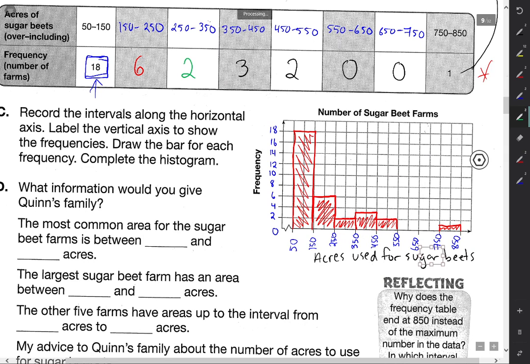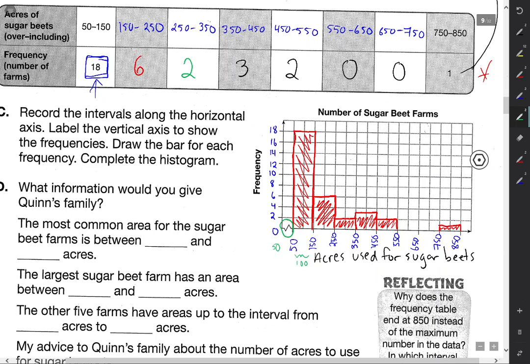There's one thing I want to point out about this graph. You'll notice that this little section of it has a little break in it. And what that means is that the distance or the interval between that 0 point and the 50 isn't the same as the interval for the rest of the graph. What I mean by that is 0 to 50, well, that's only 50, but the rest of our intervals are 100.